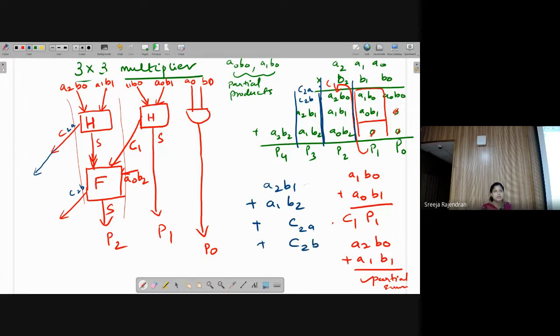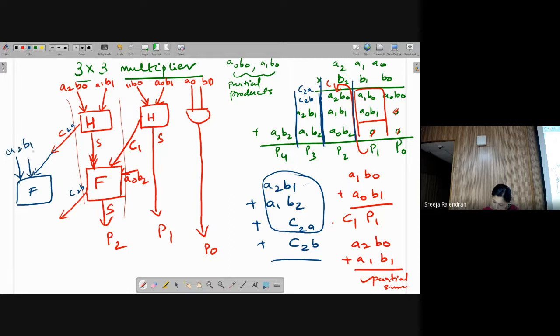Yes or no? So now I can add these three. Why? Because earlier I used a full adder, at that same level I can have another full adder, regular structure. So here I have C2A as the input, A2 B1 and A1 B2. Three inputs have come, the sum is generated, and then carry is also generated.